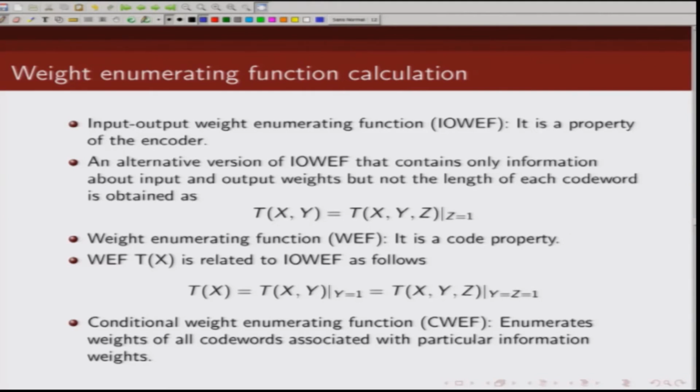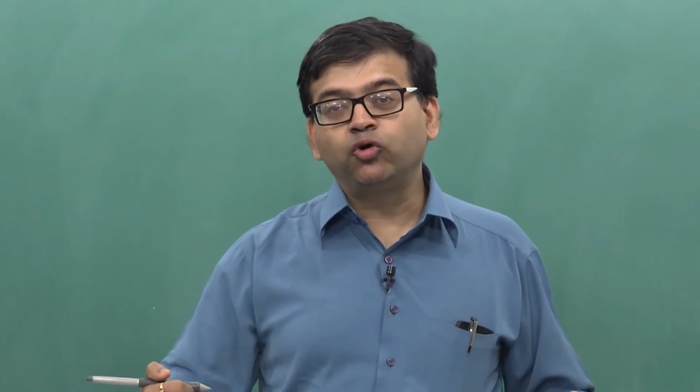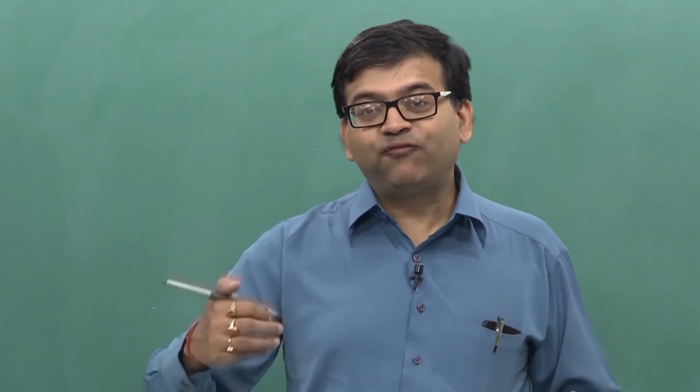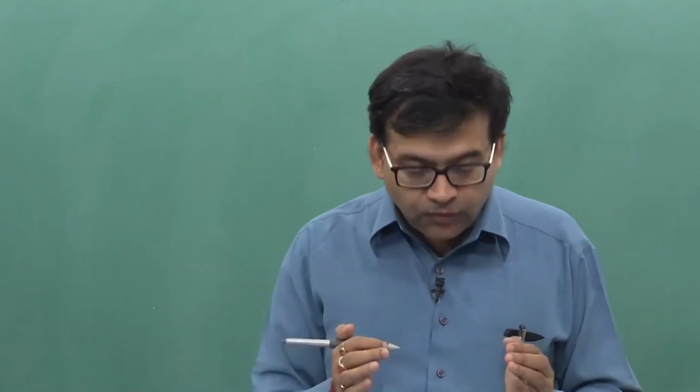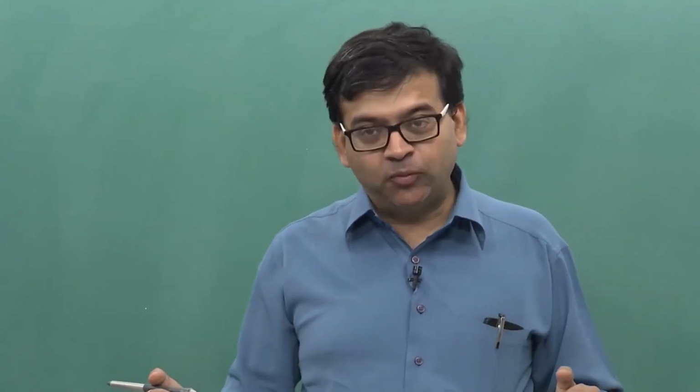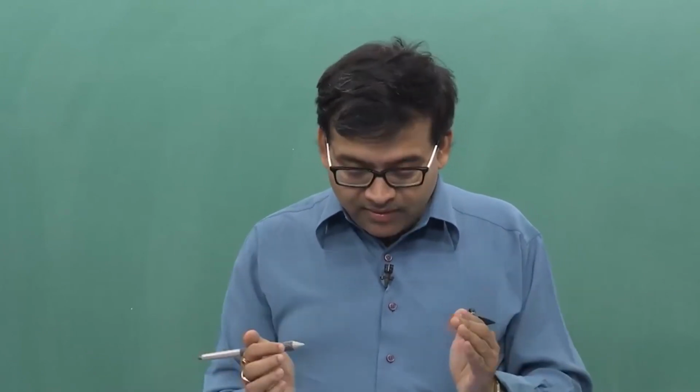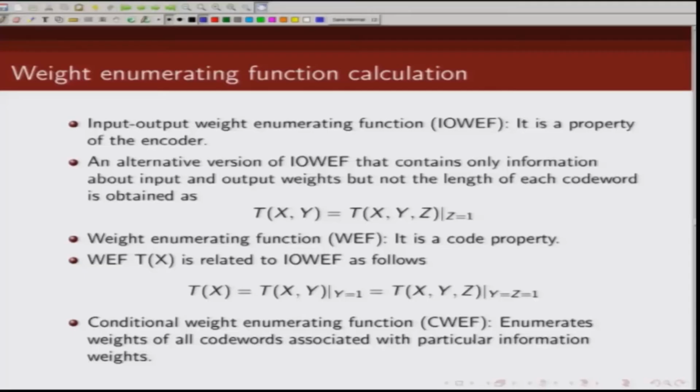So, if you are interested in knowing the output weight that corresponds to an input sequence of weight 4, then from the input output weight enumerating function, by collecting all terms which have y to the power 4, we can find the weights of all code words corresponding to an input weight of 4.